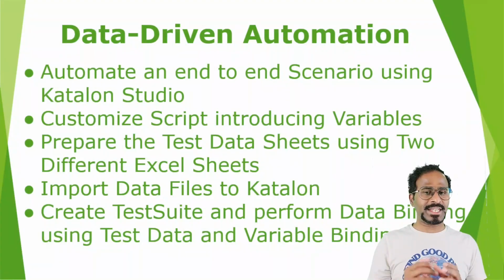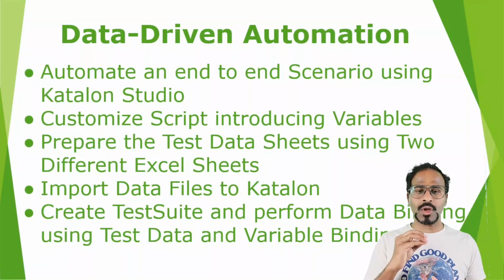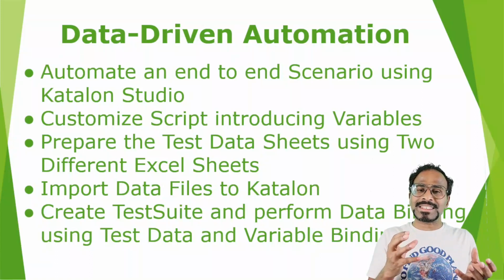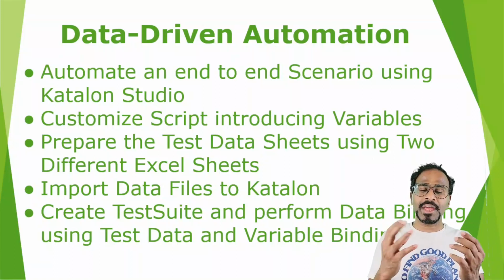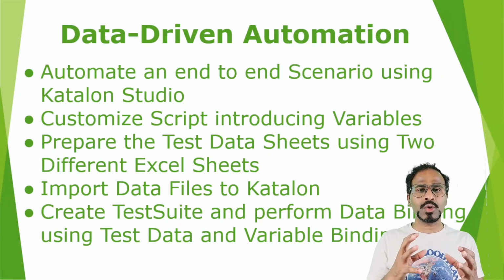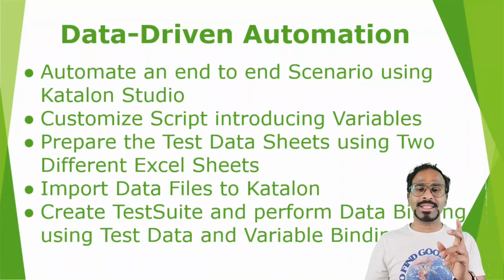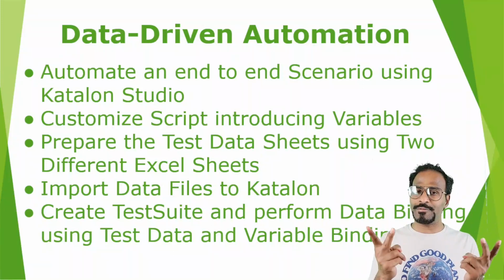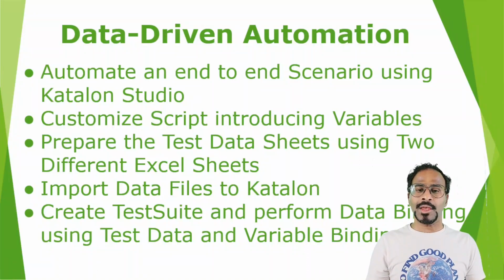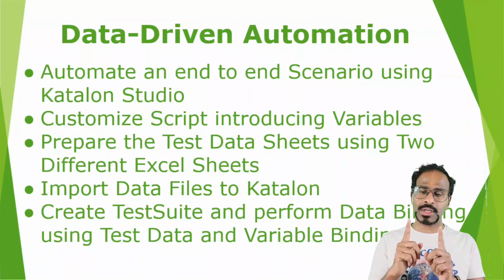So what is the agenda? We are going to automate an end-to-end scenario using Katalon Studio as step 1, and then we are going to customize the script by introducing variables. Basically, how can you achieve this data-driven automation for two different sources? That's what I'm going to explain. Once you customize your script by introducing variables, you need to prepare the test data sheets using two different Excel sheets, and then import these data files to Katalon Studio.